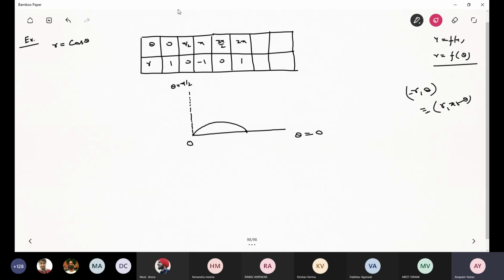It should have gone like this, in this way. At pi by 2 it is 0 and at pi it is 1, if I just assume it is not negative. But since it is negative, each and every point marked as a pink point here will take a rotation of pi degrees. So just rotate this entire curve by pi degrees and you will get this kind of structure.